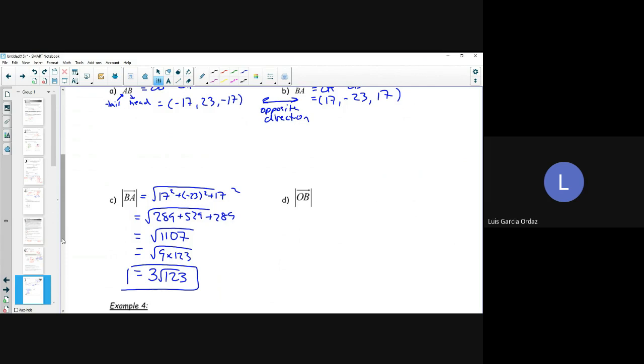Can anyone tell me what the magnitude of vector OB is? Yep. Thank you, Priyanshu. It is the square root of 329. Perfect.